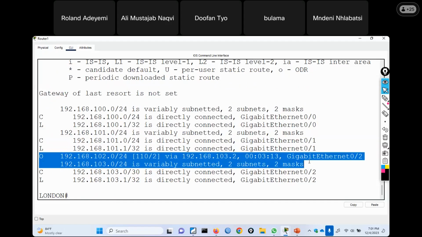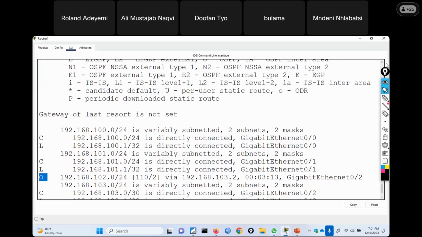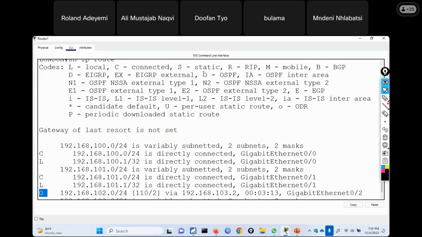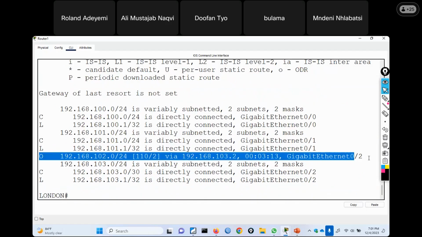It got information about 192.168.102.0 through O. What's the meaning of O? Look at O here. O means through OSPF. This network you are looking at here is not directly connected to the London router. But now the London router has that network in its routing table.